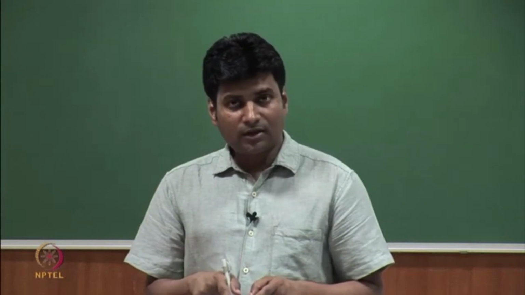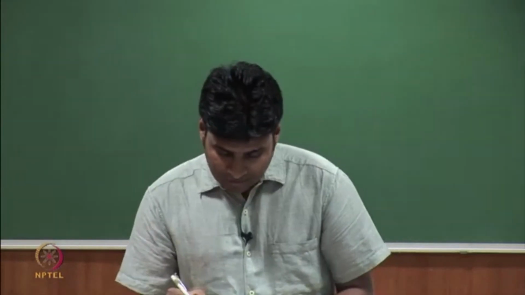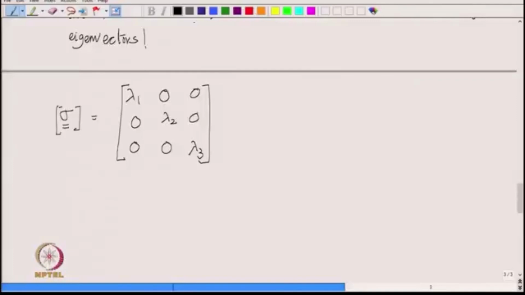And you know, physically this is a very nice picture also. Think of the cuboid. So, we had that cuboid and in the general case, on the faces of this cuboid you have both normal and shear component of traction, right.